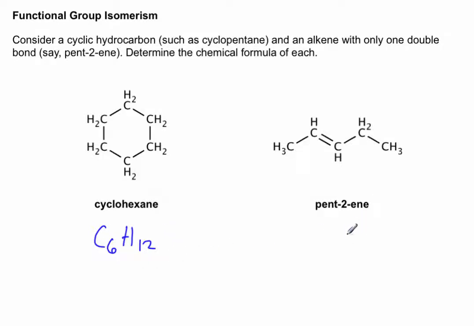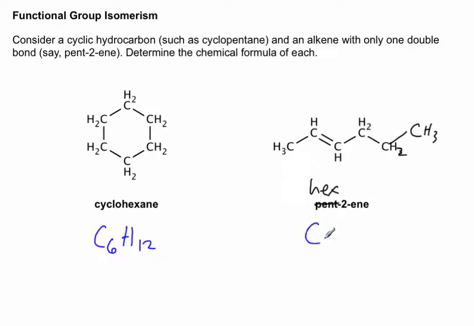Well, how about pent-2-ene? 1, 2, 3, 4, 5. Wrong molecule. Should be hex-2-ene. And I'm going to add that sixth carbon. So hex-2-ene. 1, 2, 3, 4, 5, 6.